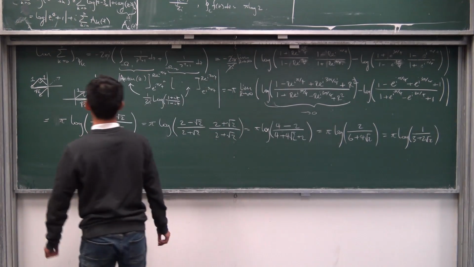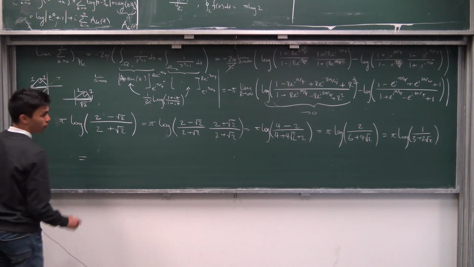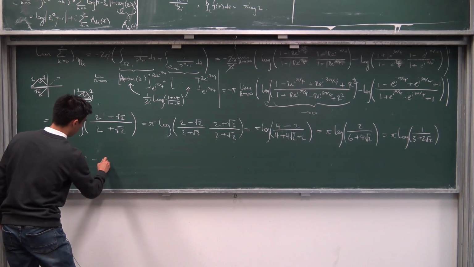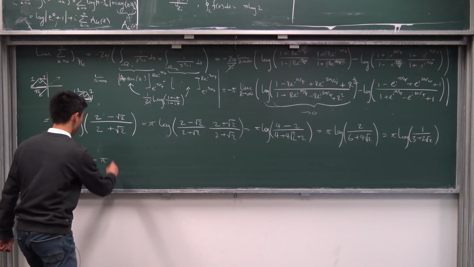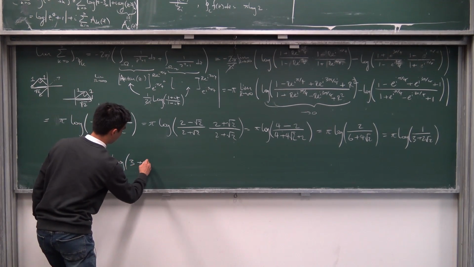So if you sum all the integrals of the psi k's together, what you get in the very end is negative pi times the logarithm of just 3 plus 2 times the root 2.